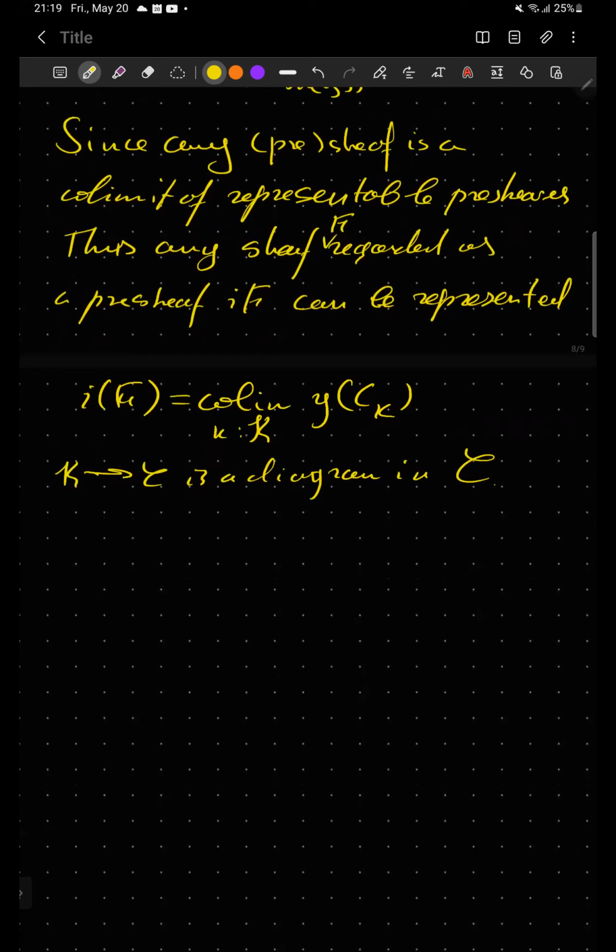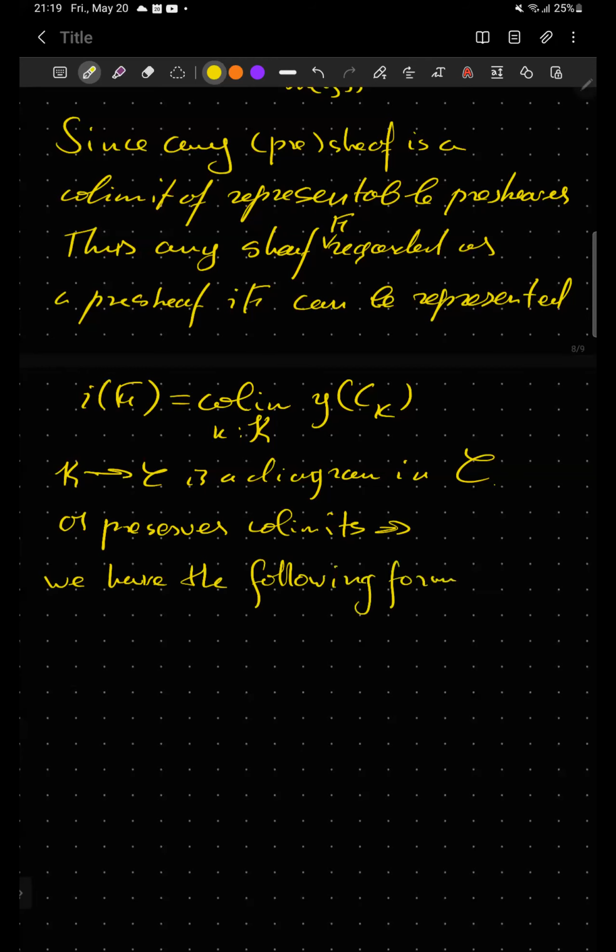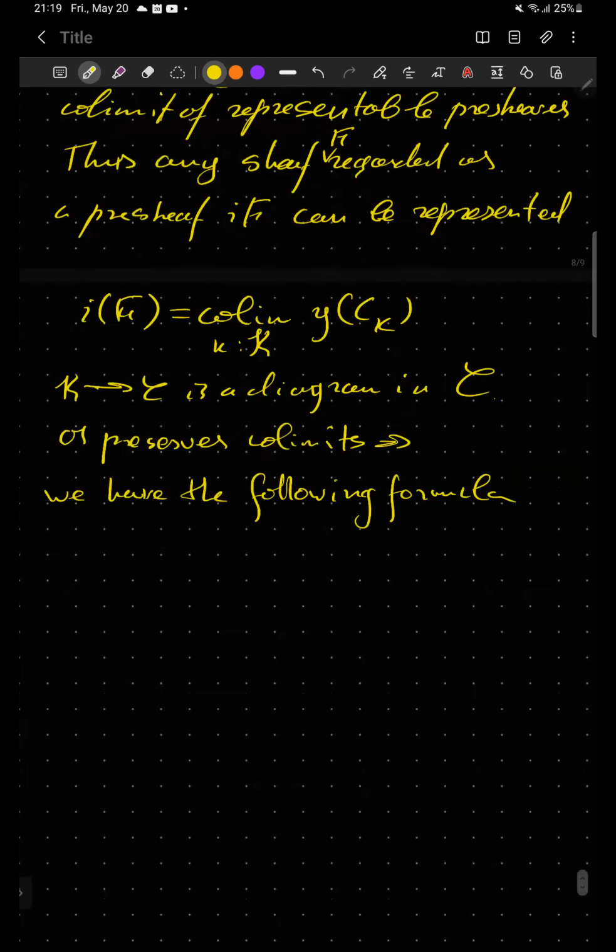Thus, since a as a left adjoint preserves colimits, we have the following formula for any sheaf. So a preserves colimits, thus we have the formula of this sort.